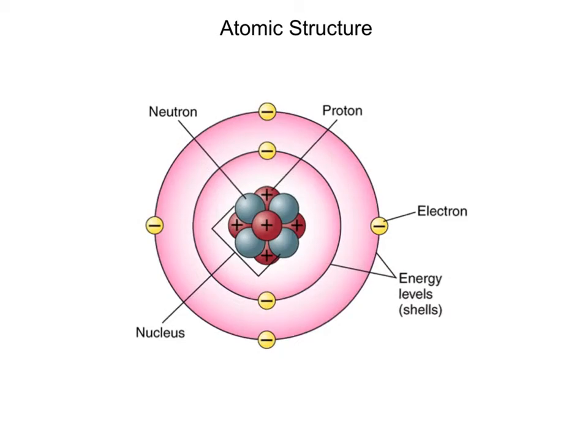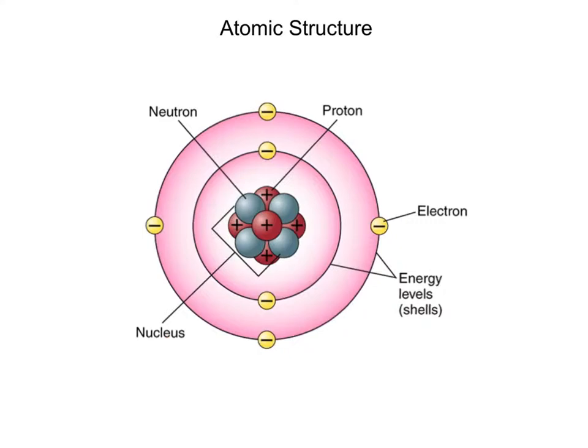Now we're going to look at the atomic structure. What makes up an atom? An atom is composed of smaller subatomic particles, and these would include the protons, which are positively charged, neutrons, which are neutral. Both protons and neutrons are found in the center of the atom in a region referred to as the nucleus, and here you see the nucleus.